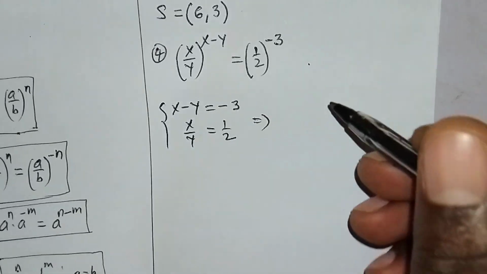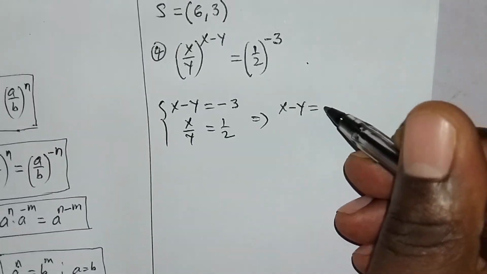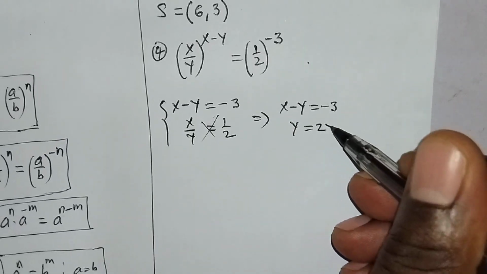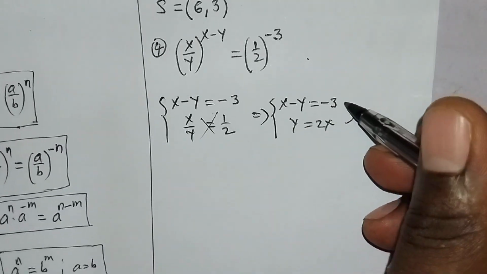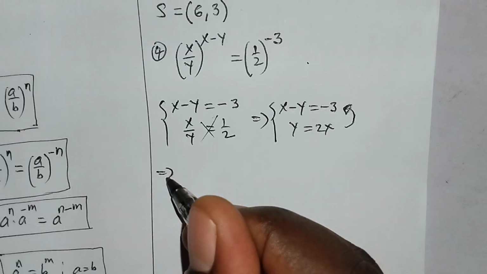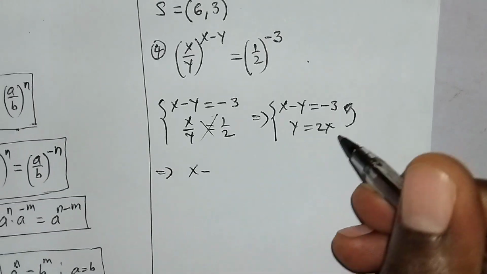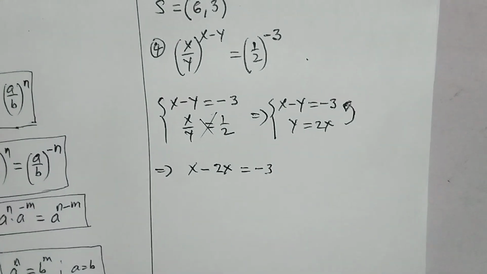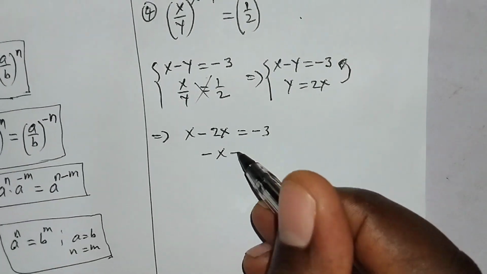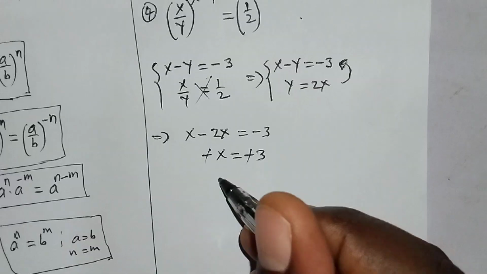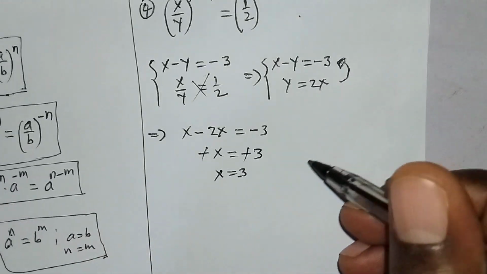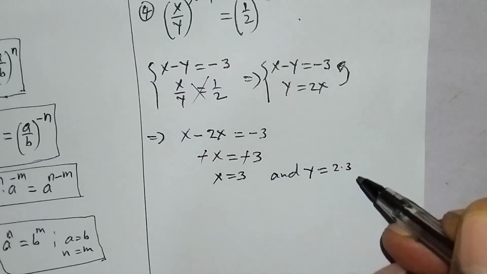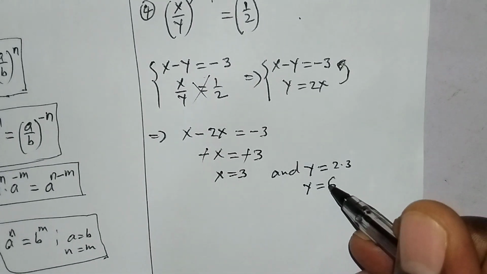So x minus y is equal to minus 3, cross multiply, y is equal to 2x. Replacing, x minus y, which is x minus 2x, is equal to minus 3. So minus x is equal to minus 3. So x is equal to 3, and y is equal to 2x. 2 times 3, y is equal to 6.